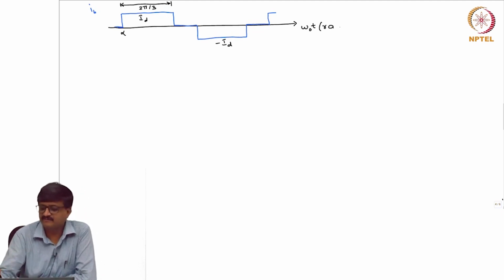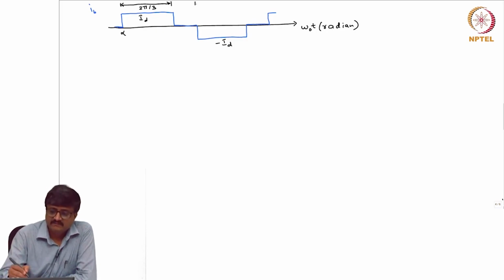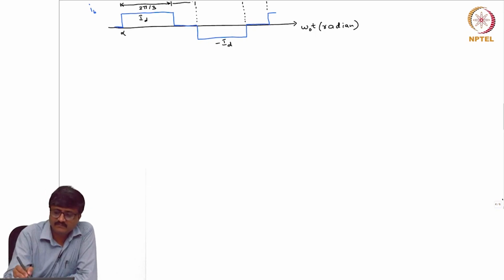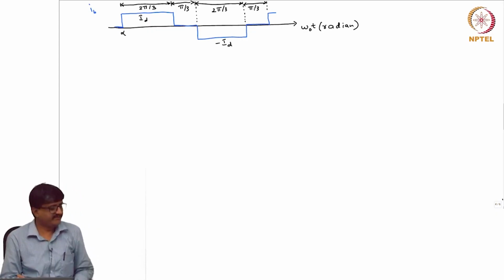So, let me show these distances in radian. This is pi by 3, this is 2 pi by 3, and this is pi by 3. So, if this is IB, what is VB?